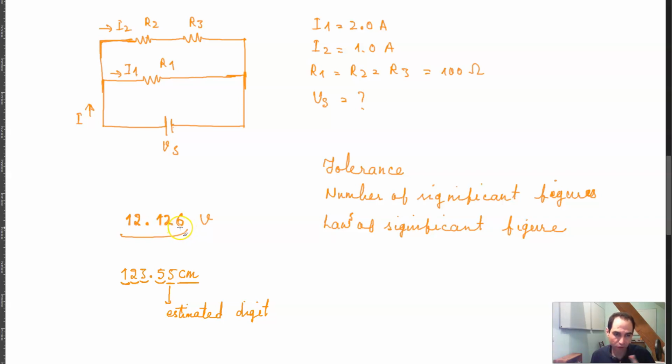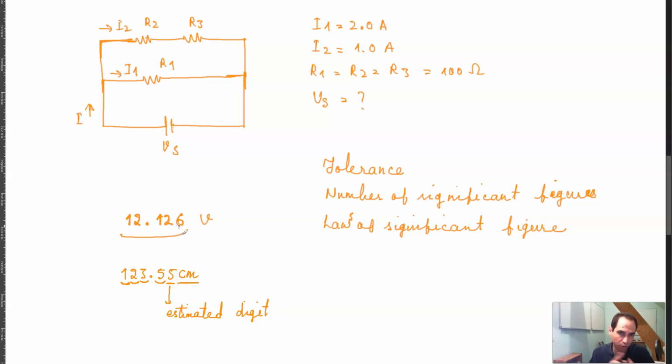And even when you read an analog scale, the last digit is always estimated, because you have to read between two of those graduations, and between those two graduations there is no graduation, so you are estimating that this is, for example, halfway between them.